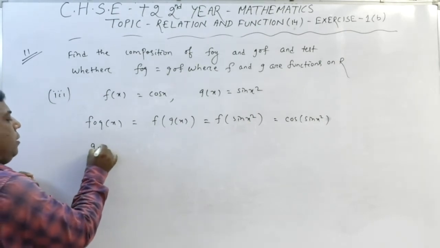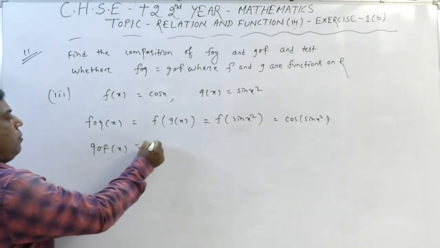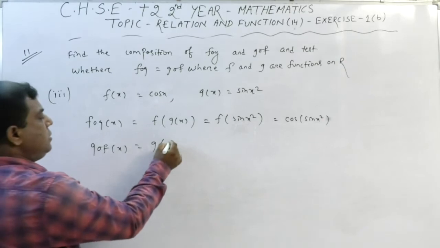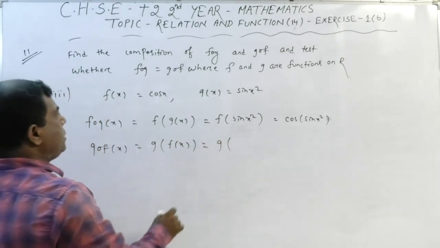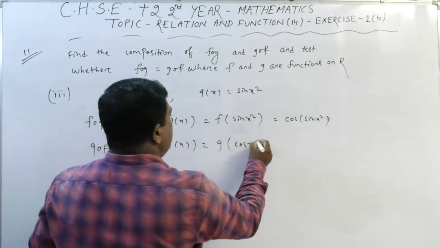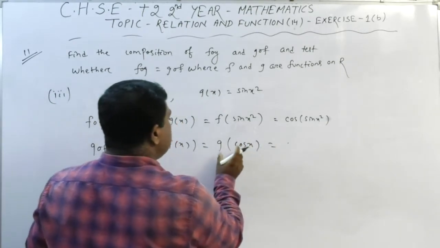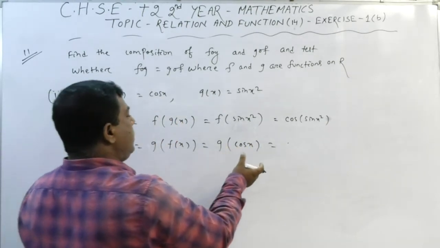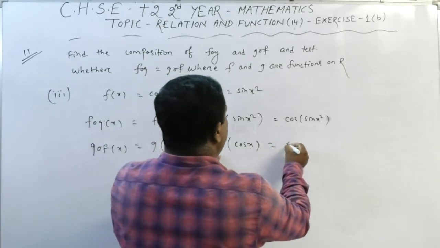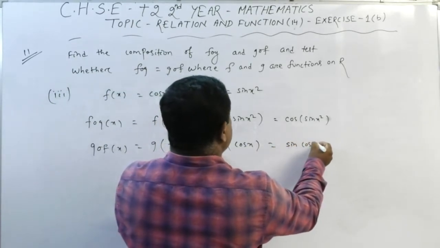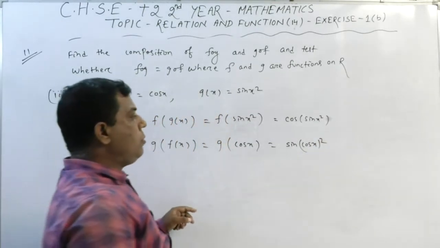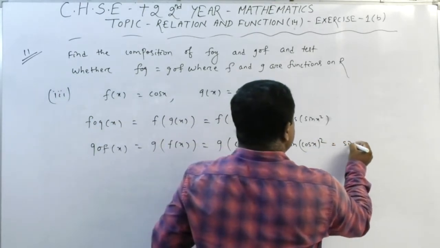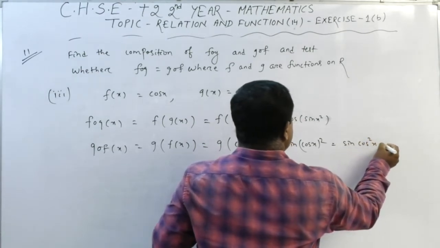Now we are going to find out gof. What does it mean? It means g of f of x. So g of f of x means g of cos x, and what does the function g do? It converts the element, so it is sin of cos x square. Or you can say it is sin of cos square x.